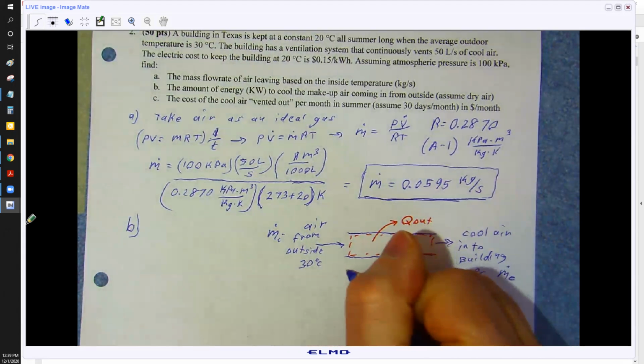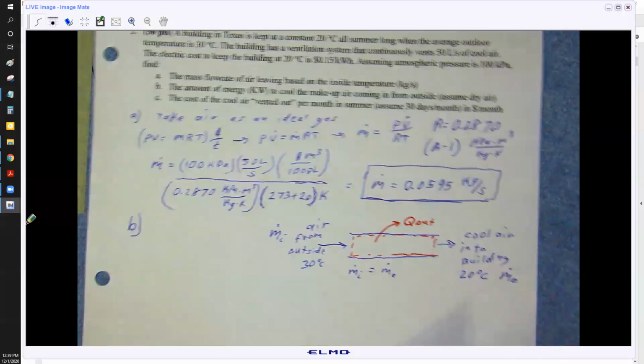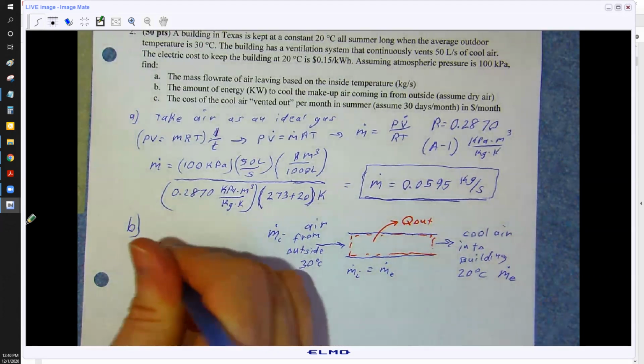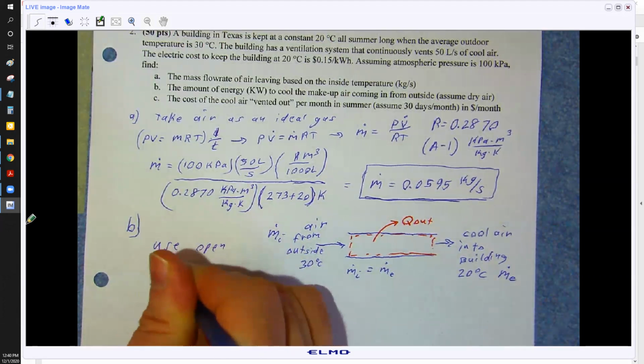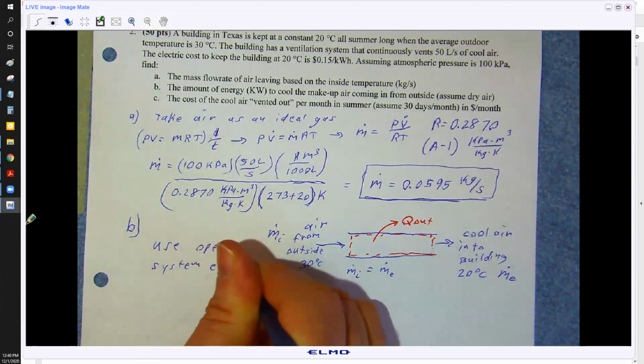And remember, the mass flow rate in is the mass flow rate leaving, right, of cool, dry air. So use the open system energy balance.